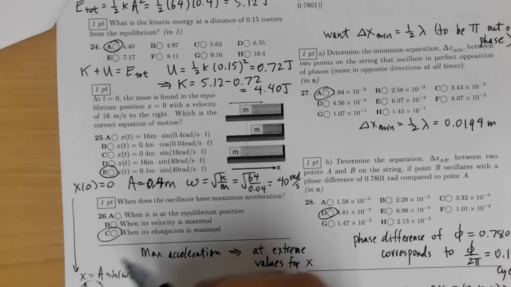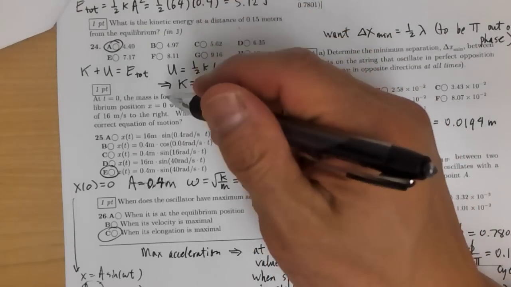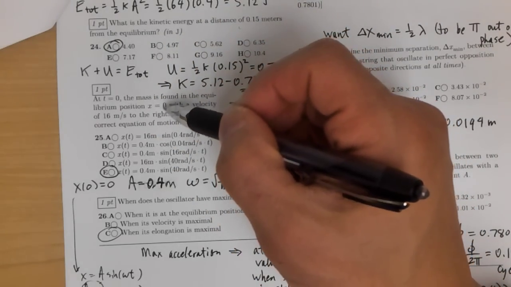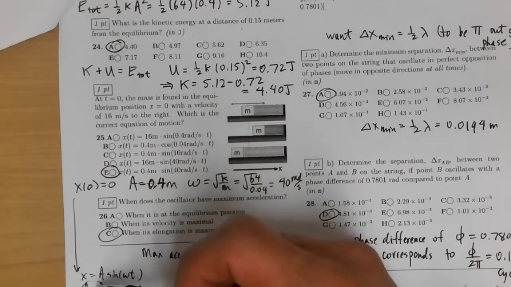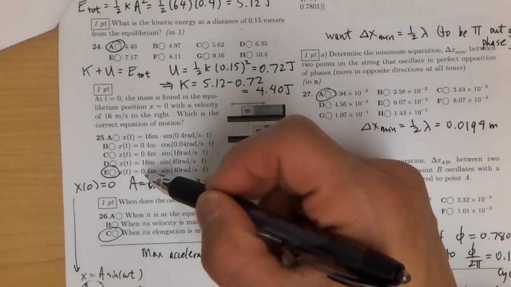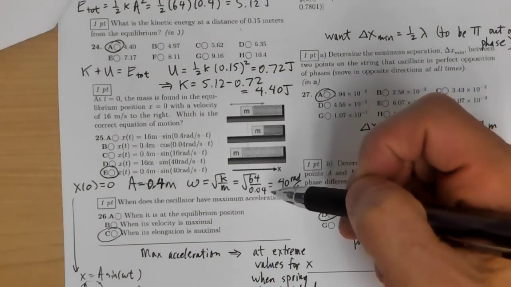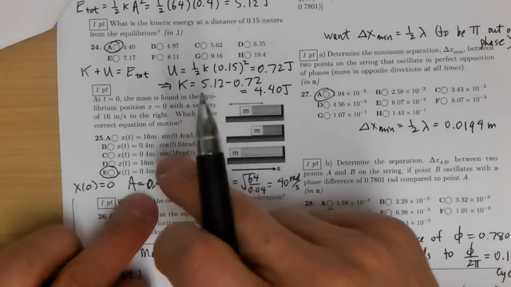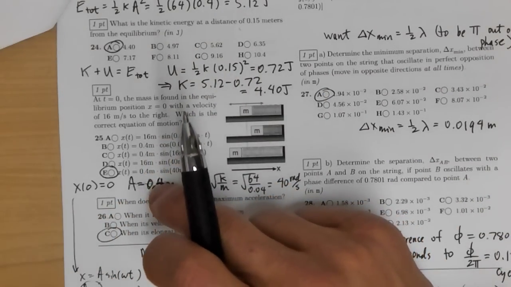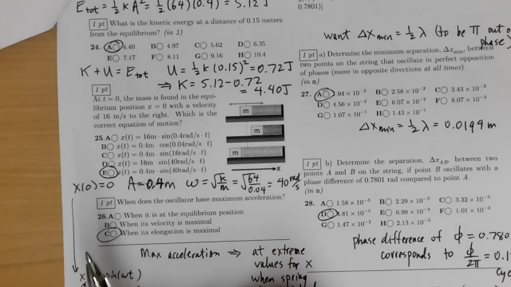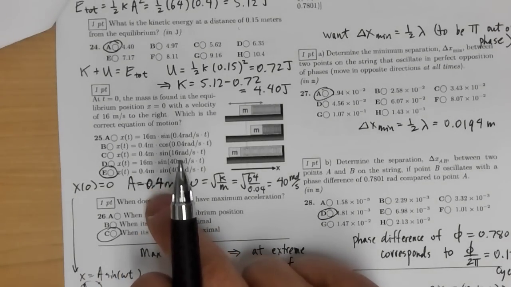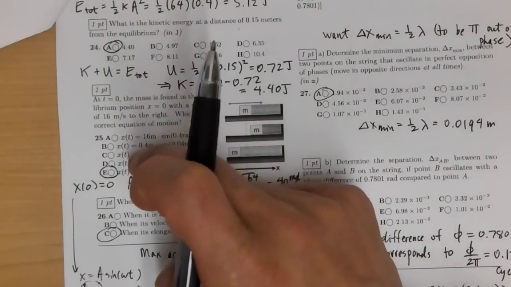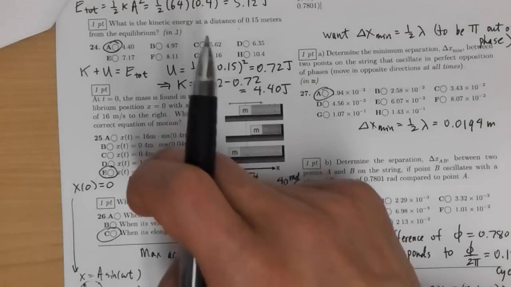And we're told that at t equals 0, the velocity is equal to 16, so a times omega needs to be 16. Omega is 40, so in order for the velocity to equal 16, a needs to be 0.4. This guy here, 16, was too big. It needs to be 0.4.